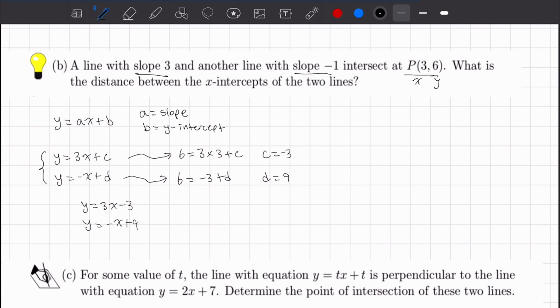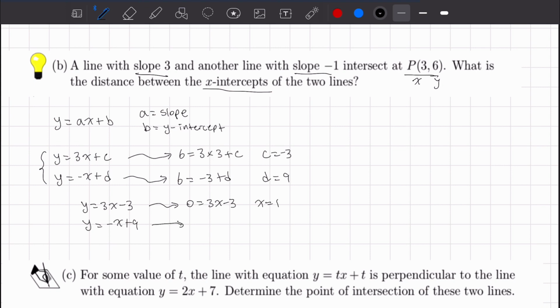And the question is asking us for the distance between the x-intercepts of the two lines. What the x-intercept means is the value of x when y equals 0. So since y equals 0, we can simply plug in 0 for y. For the first equation, 0 equals 3x minus 3, and therefore x equals 1.